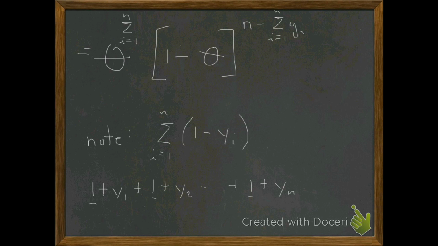Now, so what we end up with is theta to the sum of our y sub i's, because I'm going to drop off the i equal 1 to n because I think we're okay with that.